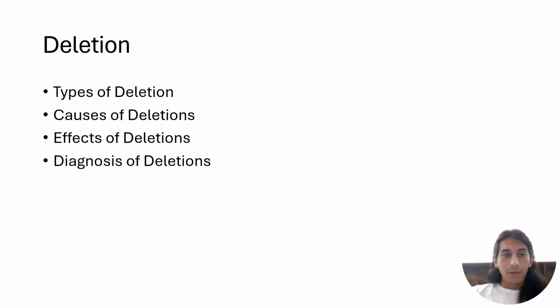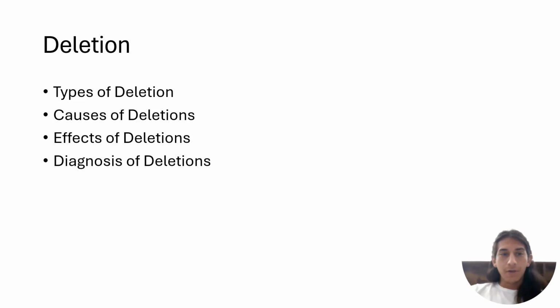nucleotides. There are several causes of deletions. Some of these are errors, some of these are programmed. Errors during DNA replication: these deletions occur due to errors during DNA replication, of course, such as a misincorporation of nucleotides or slippage of the DNA polymerase.